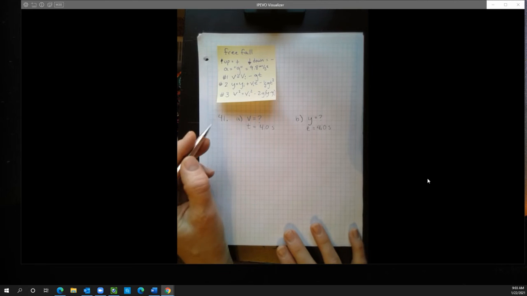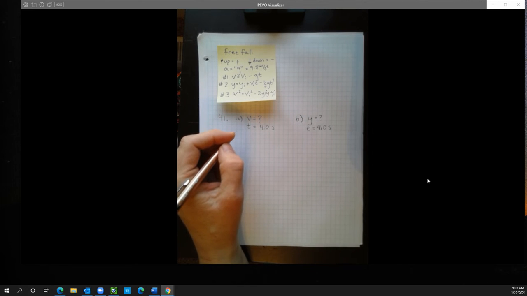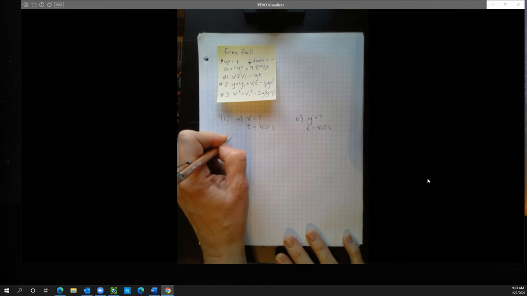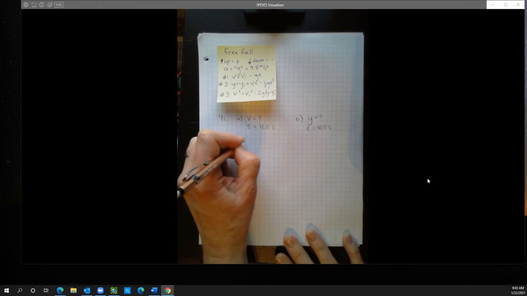There's a key word in this problem. We've discussed some keywords in other problems, like how far, meaning distance, how fast, referring to velocity, and how long, referring not to distance but to time. There's a key word like that in this problem, and that word is drops.